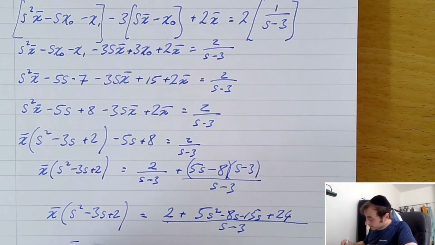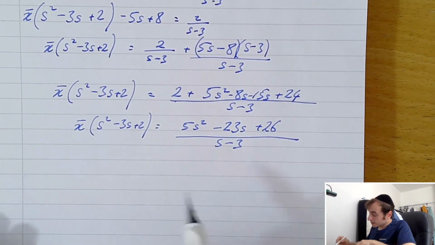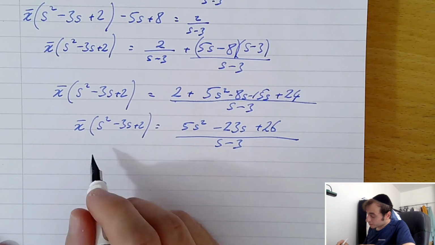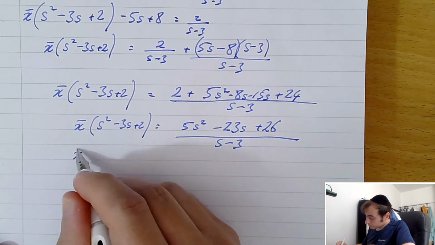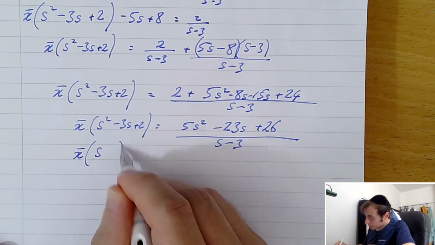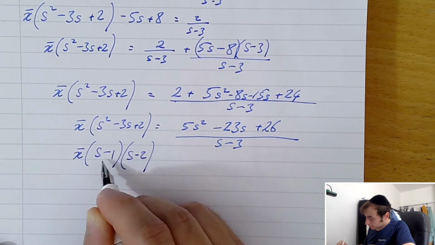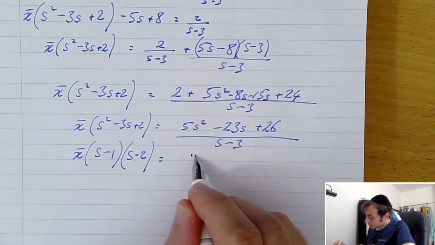So we can now say that x bar, okay, and we can see that this is actually going to factorize here to s squared plus 2, yeah, that's going to work, equals everything that we had on that side.